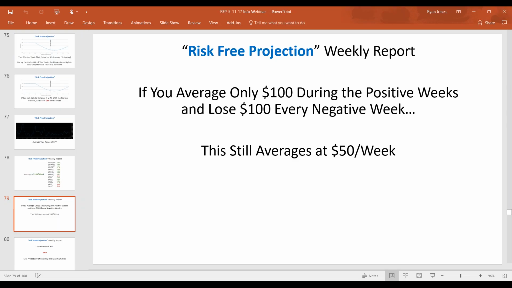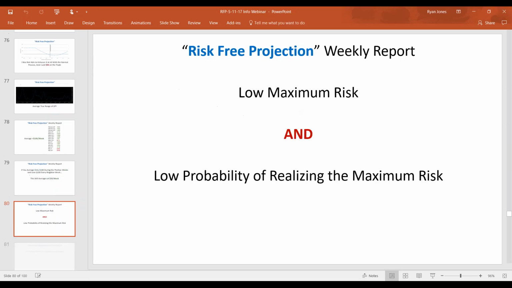But let's say you instead lost $100 on every one of those 3 weeks where the report trade lost, and you only made $100 during the good weeks, and during the weeks where the gain was smaller than $100, you didn't make anything. Using those stats, you still averaged $50 a week over the last 12 weeks. All right, so there's a lot of room here for error. There's a lot of room for mistakes. There's a lot of room for learning, et cetera.